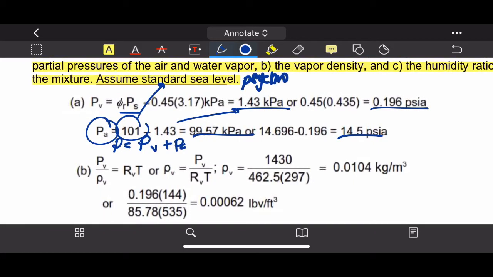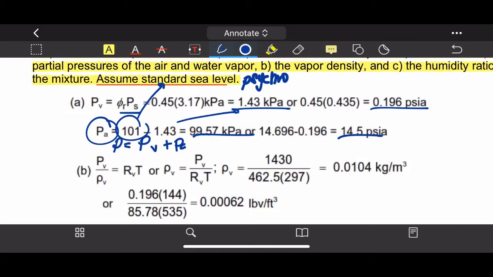Now for the density, the density part is quite interesting. You can find the equation online, but we don't have any density given in this equation. You can use the ideal gas law and get your density from there.